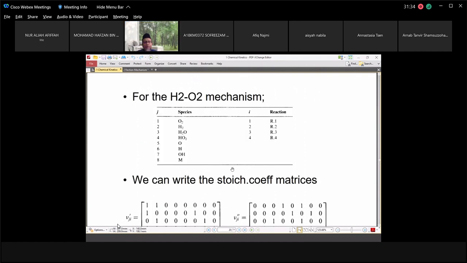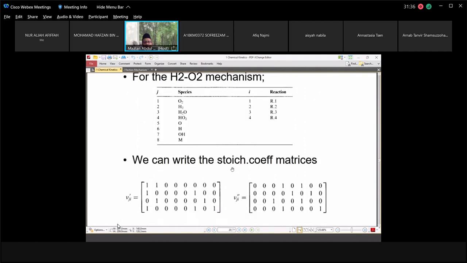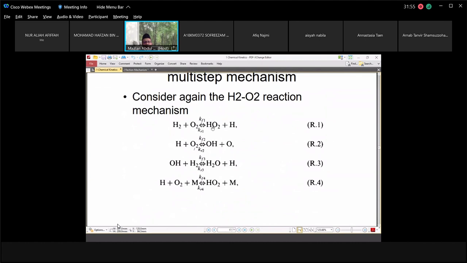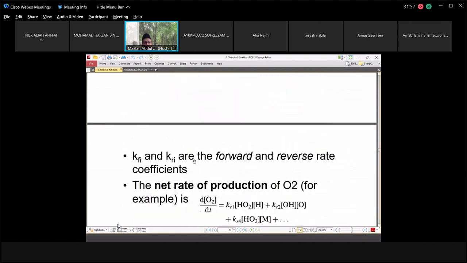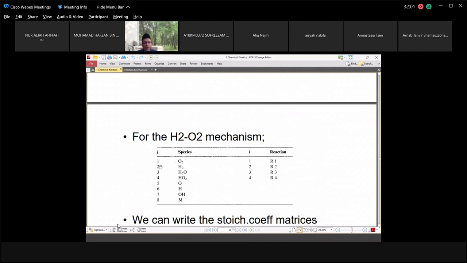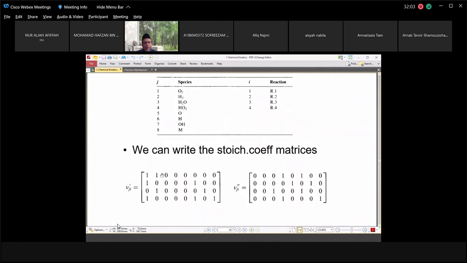So we can write the stoichiometric coefficient matrices like this. For example, for the first reaction, this is for the reactant, this is for the product. For the first reaction, H2 and O2 are the reactants, that means species 1 and 2, here 1 and 2.